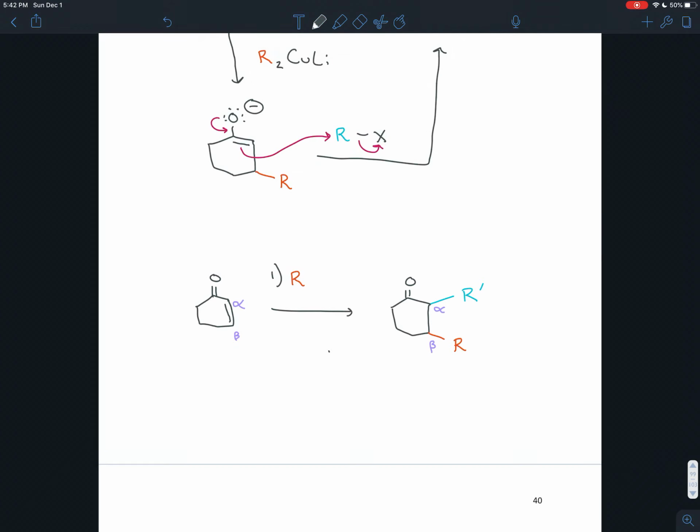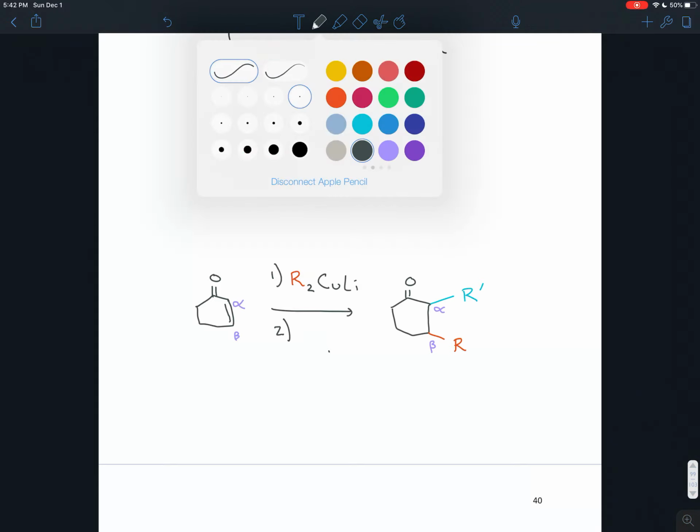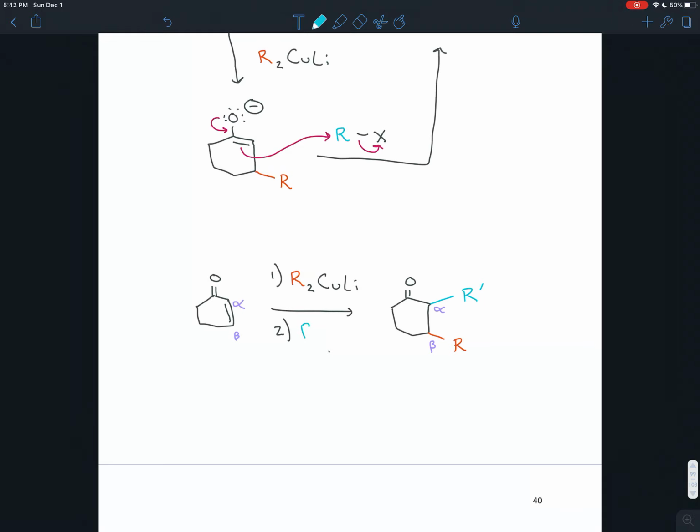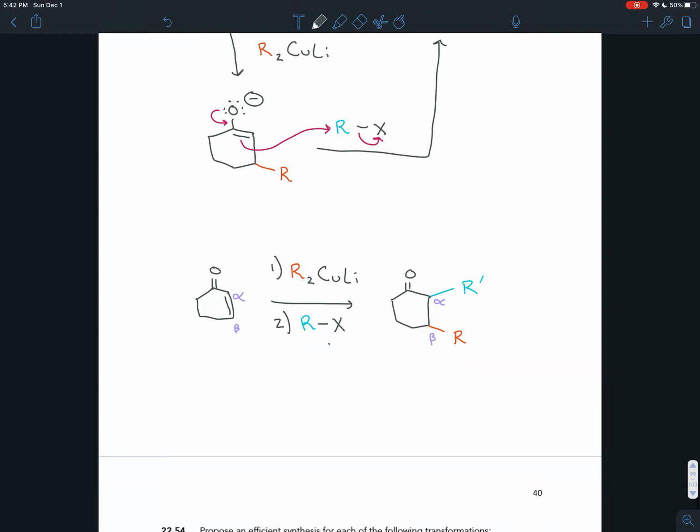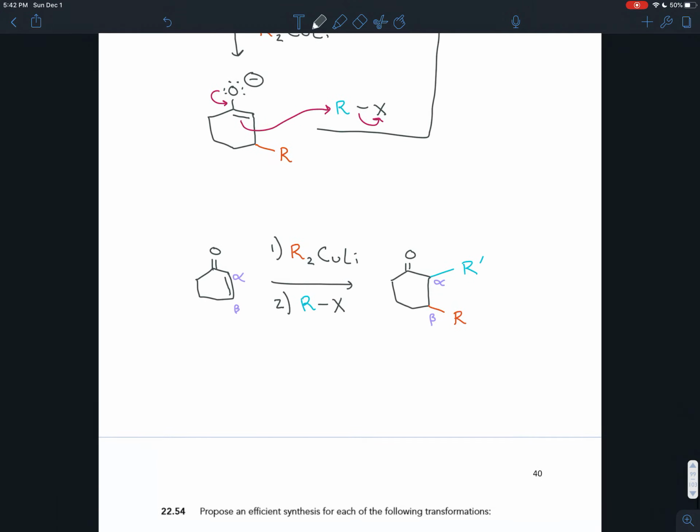Whatever carbon you want on the beta position, you put in the Gilman reagent, so that dialkyl lithium cuprate. And then whatever you want on the alpha carbon, you just make an alkyl halide out of it. And the alpha carbon nucleophile will attack that in an SN2 reaction. And so we can put alkyl groups on the alpha and beta carbons of any alpha-beta unsaturated aldehyde or ketone by using a Gilman reagent followed by an alkyl halide.